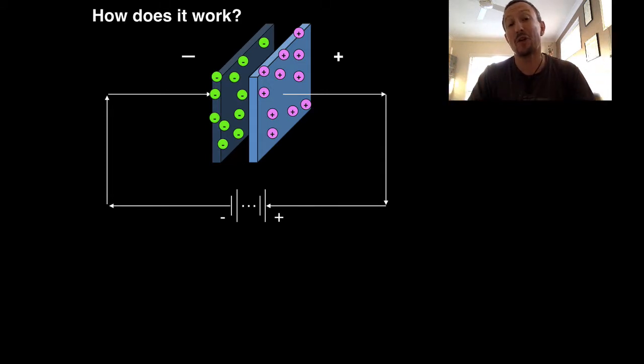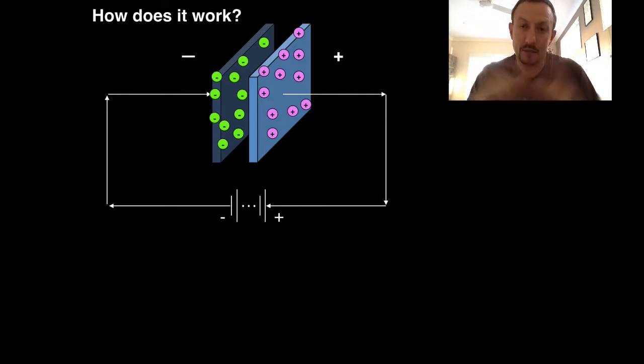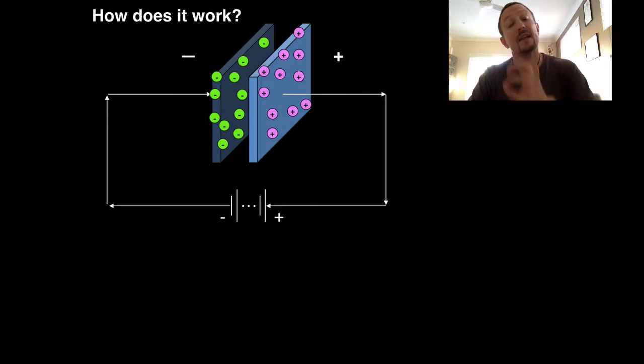If I put no resistor in there, it'll flow really quickly. I'll get a huge amount of energy, and that could be the result of a flash, for example, in a camera. Or I could drip feed it very slowly, and by controlling that drip feed, I could use it like a timing circuit.